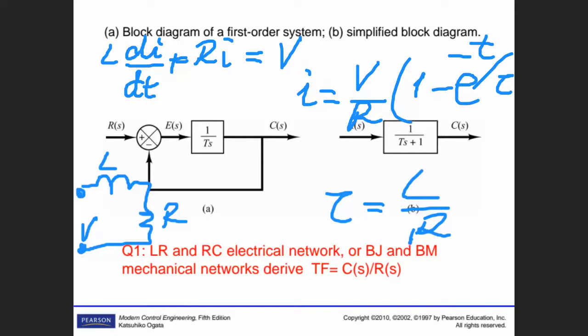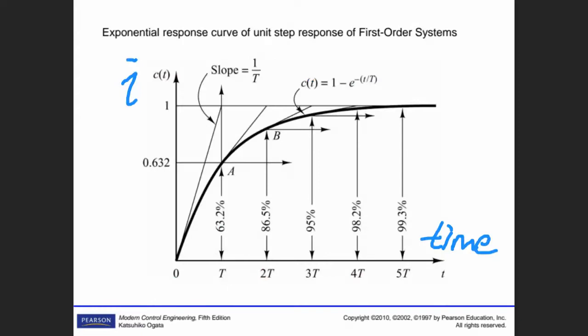But if time goes infinite, that becomes 0, and then your steady state value becomes V over R. This is the steady state value. But the time constant is important, since time constant tau is equal L over R.